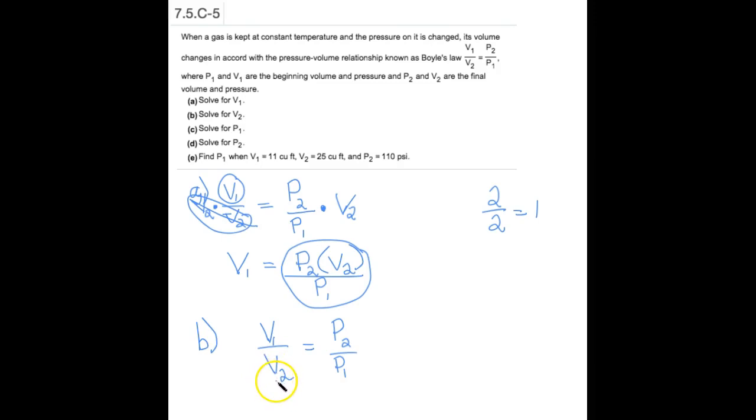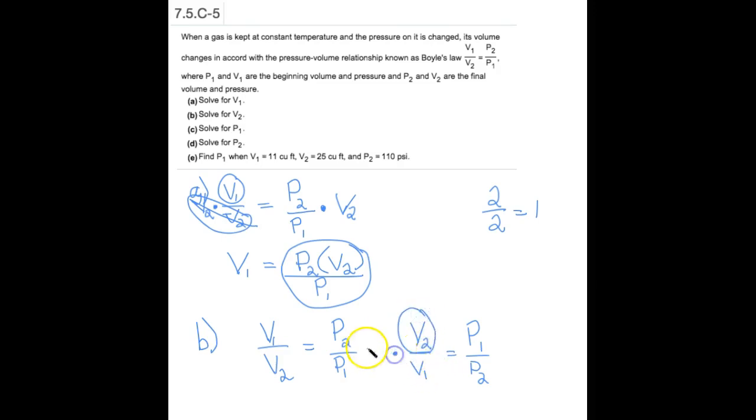One thing that you can do is flip this fraction over on the left-hand side as long as you also do the same thing on the right-hand side. So I could rewrite this as V sub 2 over V sub 1 is equal to P sub 1 over P sub 2. And then it's very similar to A. I want to get this by itself.